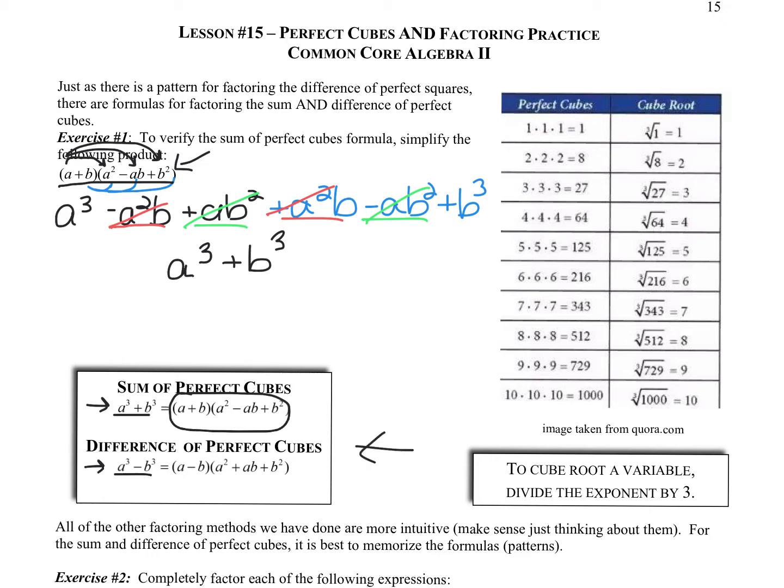Now, another basic skill you'll need for perfect cubes is actually to know what those perfect cubes are. So this list of numbers here is our perfect cubes. I'm going to circle the ones that you probably want to know. Okay, probably down to here, those are the main ones we use. So these are perfect cubes because 1 times 1 times 1 is 1, 2 times 2 times 2 is 8, and so on.